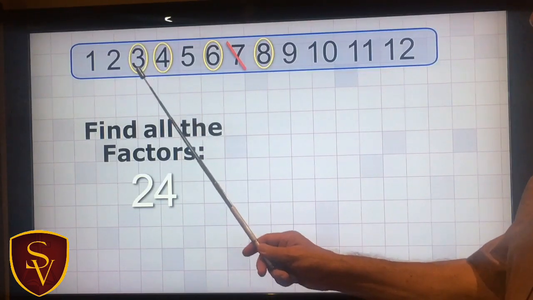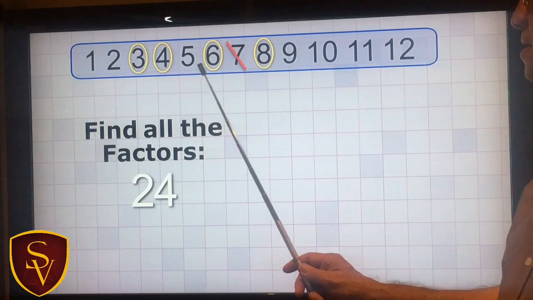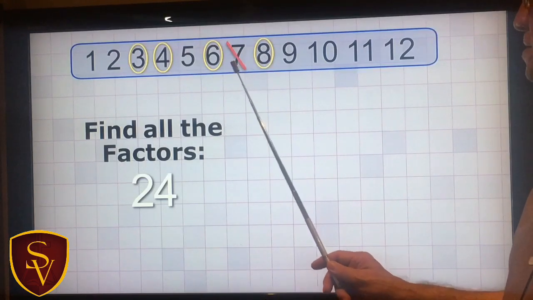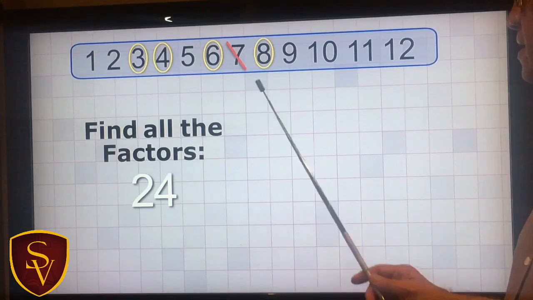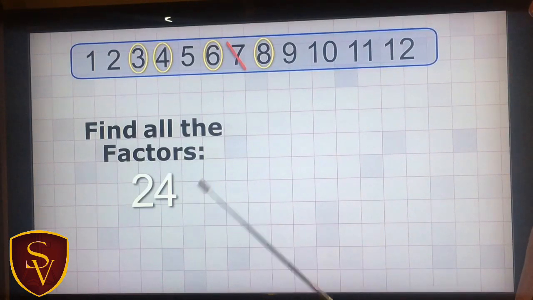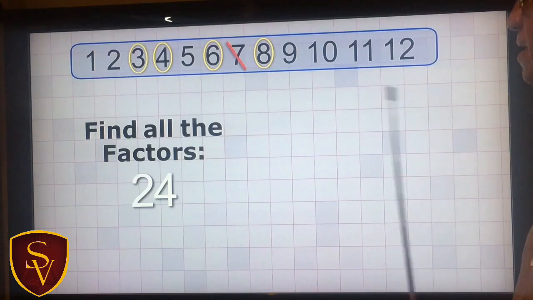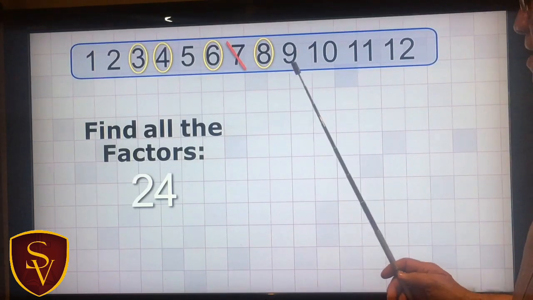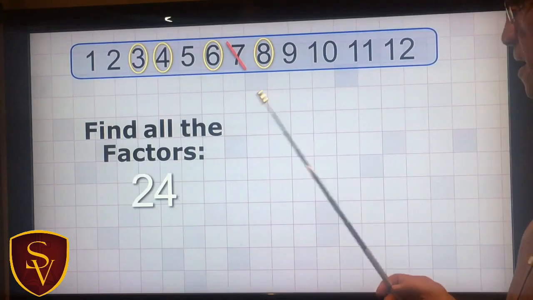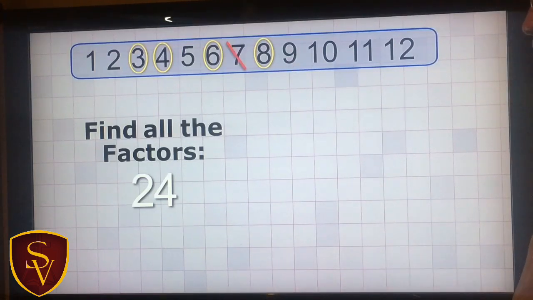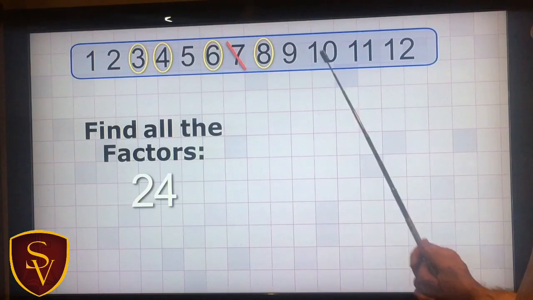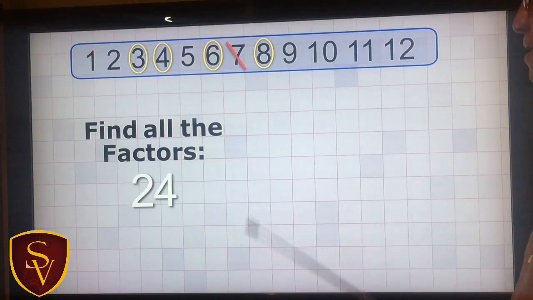So the factors are 3, 4, 6, and 8. 7 is not a factor of 24, because if we divide 24 by 7, we're not going to get a whole number. The same thing if we divide 24 by 9, we're not going to get a whole number. And of course, these other numbers are not going to give us whole numbers. They will always give us decimals.